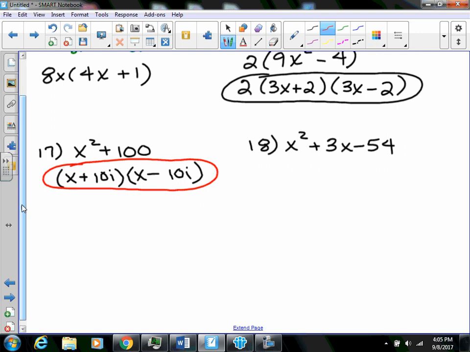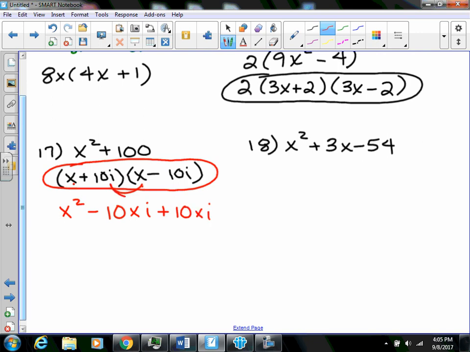So if I FOIL, I'm going to have x times x, which will be x squared. First times last, so it'll be x times this negative 10i, which will be negative 10xi. Then for these two middle terms, 10i times x will be plus 10xi.